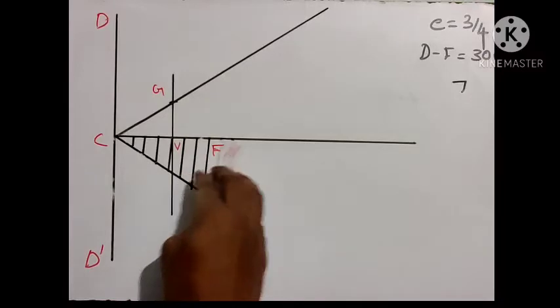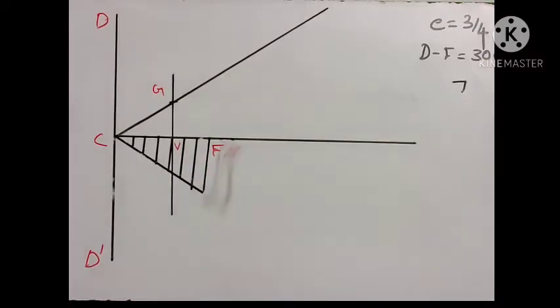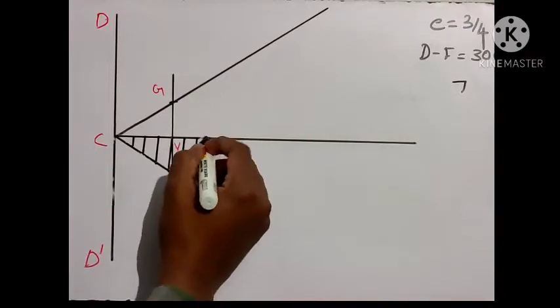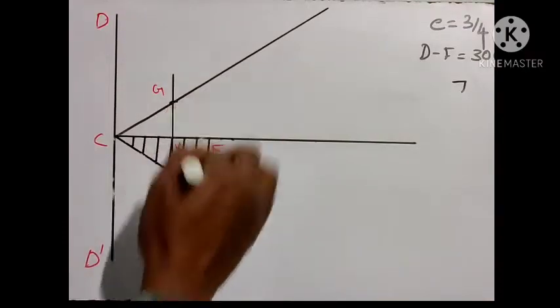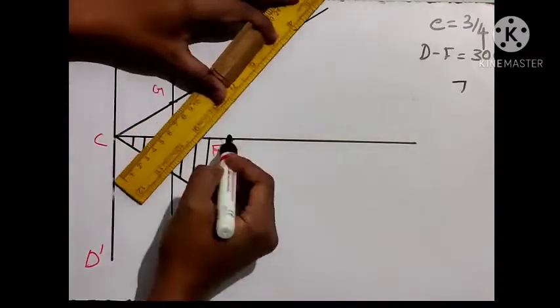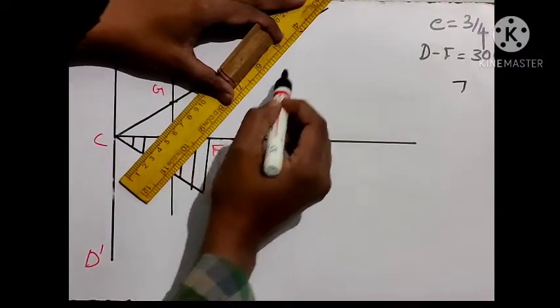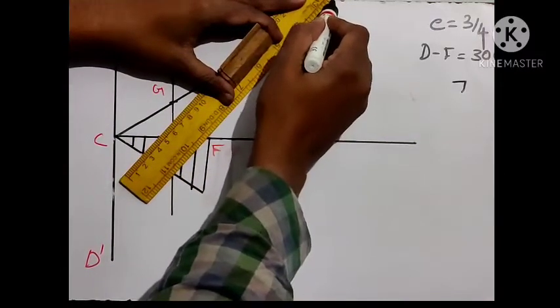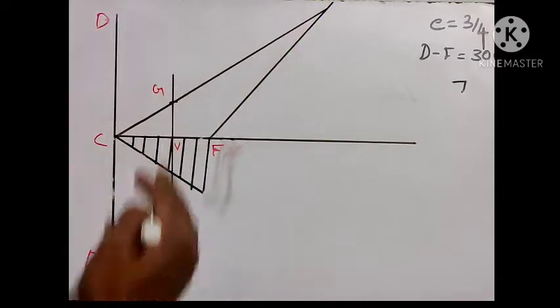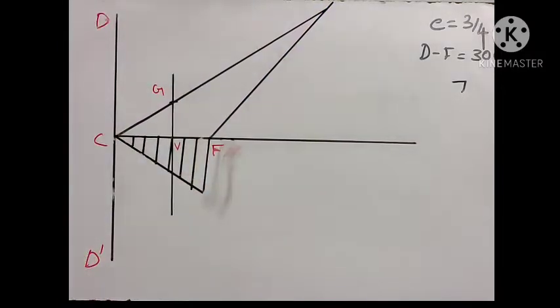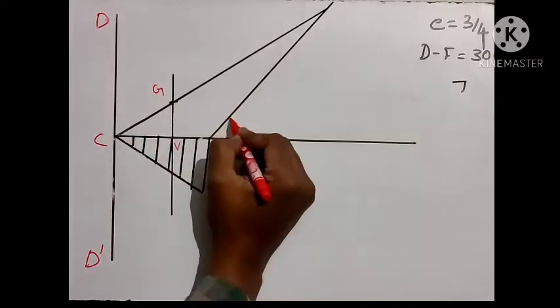Okay, so there will be one more vertex in this side. You need to locate that vertex. To do that, at F center, I am going to make a 45-degree line, something like this. So this inclination is nothing but 45 degree.